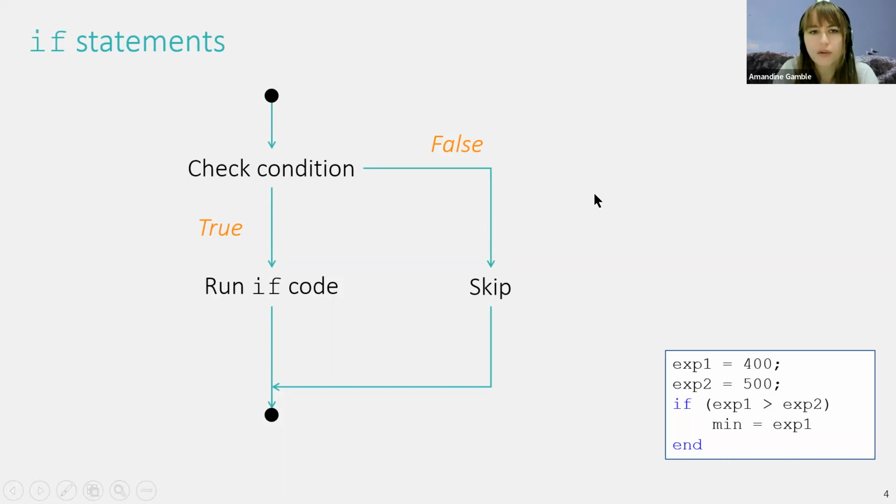So concretely, the way it works in Matlab, the if statement is here. You can see we have if, and we have the condition that we want to test. Here I have two numerical variables, x1 and x2, which in my imaginary scenario could correspond to levels of expression of genes.